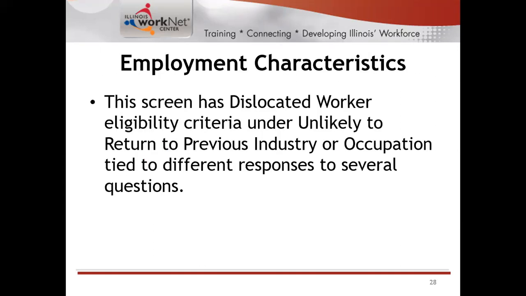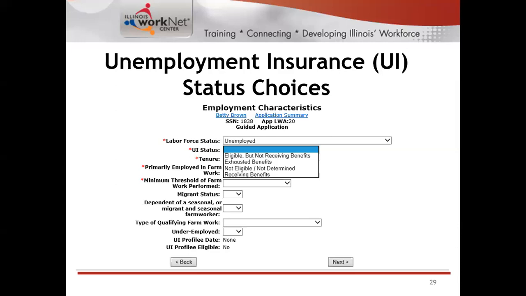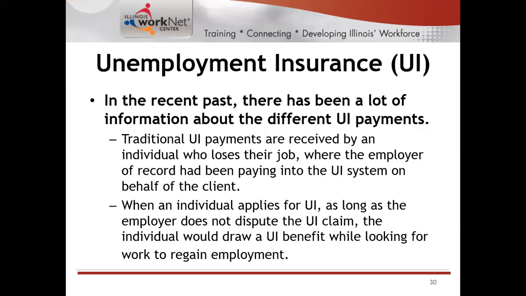Some of the other questions I want to make sure to cover is that UI status. The answers for UI, we haven't changed anything based on the new pandemic unemployment assistance, because if a person is drawing pandemic unemployment, the same as if they're drawing traditional unemployment, they're still either receiving benefits, or eligible but not receiving, or exhausted if it's appropriate, or in some cases not eligible or not determined could be appropriate.